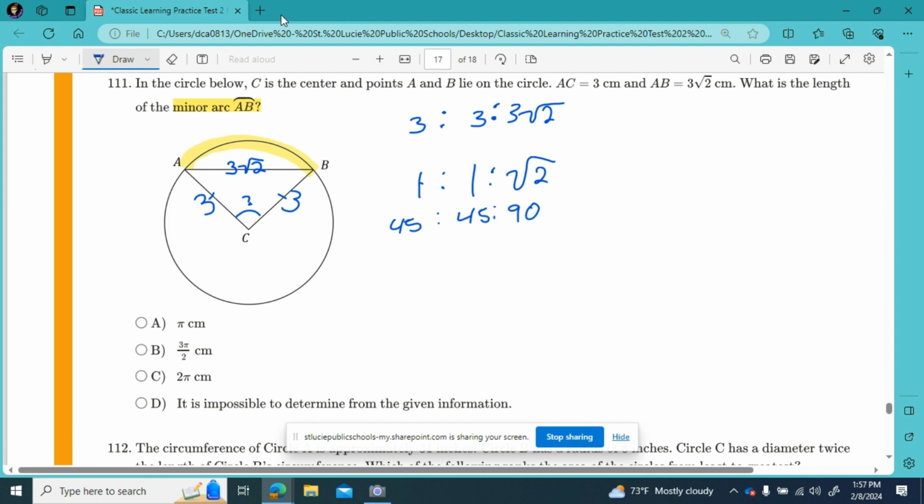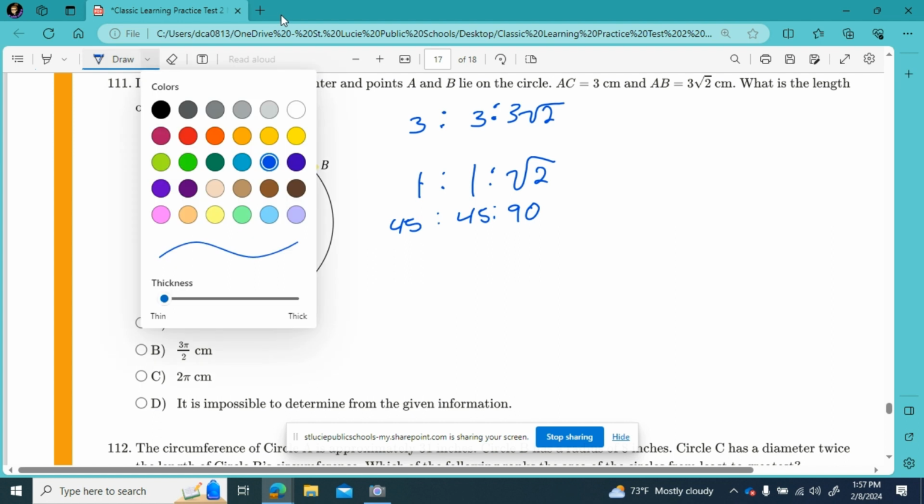So if our angles are 45, 45, and 90 degrees, then we can find out this arc here. And you see this 3 to 3 to 3 square root of 2, and our 1 to 1 to square root of 2. These ratios are the same just from here to here.